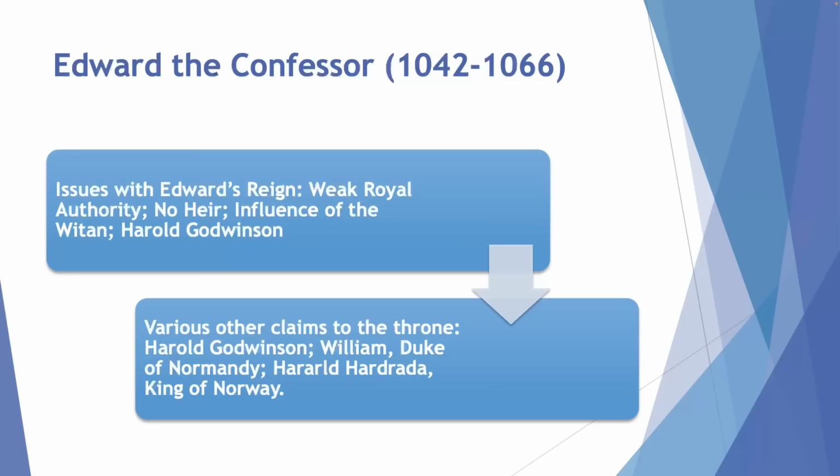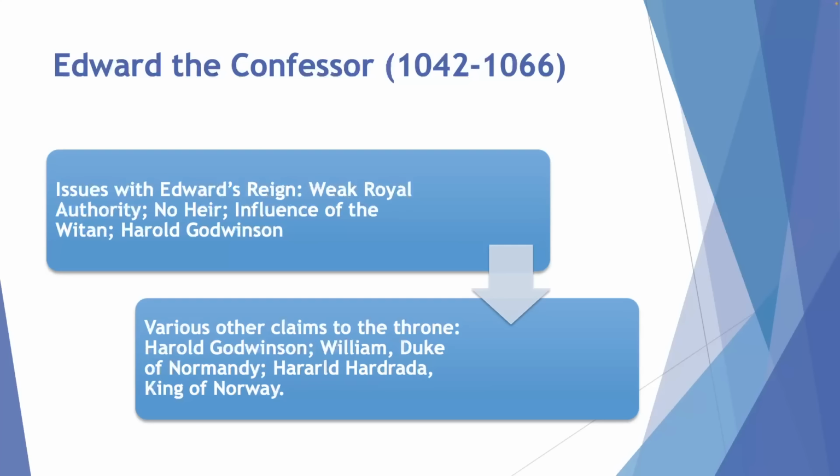That's how, for example, in the Russian monarchy, the Romanov dynasty was picked. Mikhail I in 1613, I believe, was picked by the sort of Russian equivalent of the Witan at the time. And so the same kind of thing takes place here.